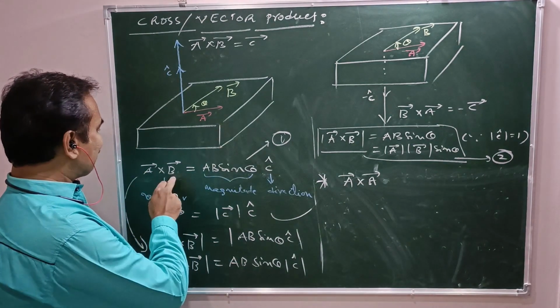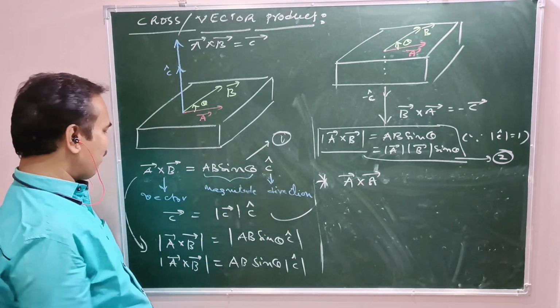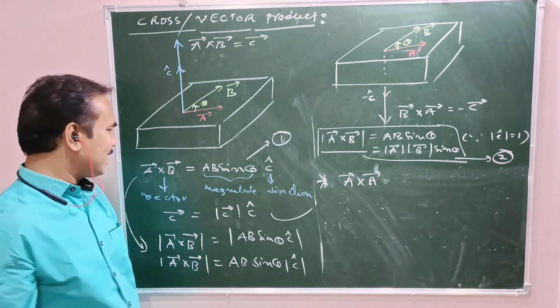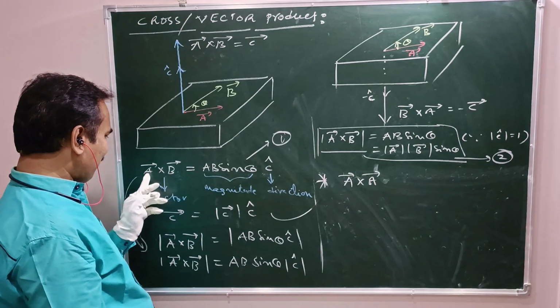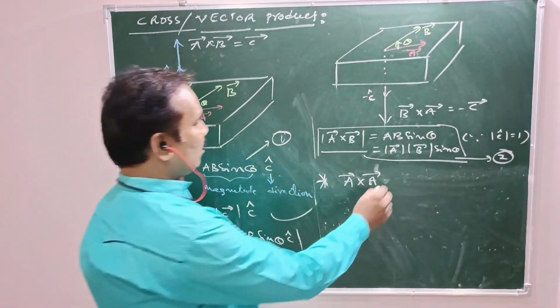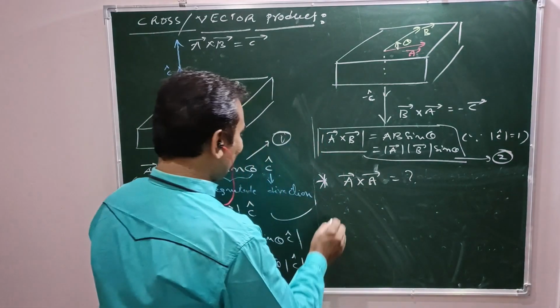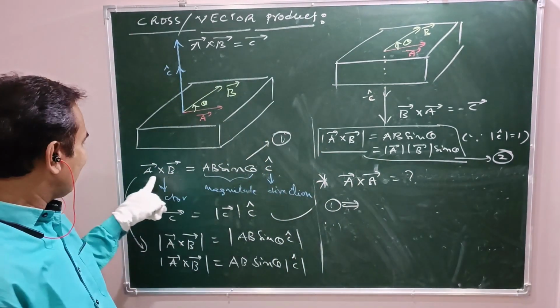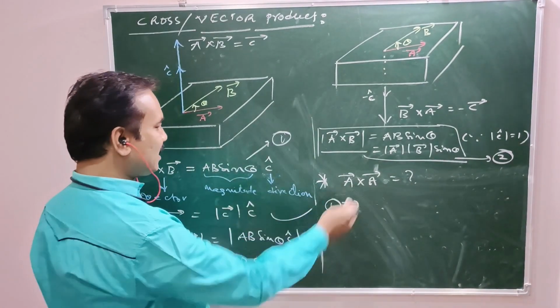See here, A bar cross B bar equals AB sin theta into C cap. Here A bar means A bar only, and B bar means again A bar only. Let us substitute in expression number 1. A bar cross B bar means A bar cross A bar.